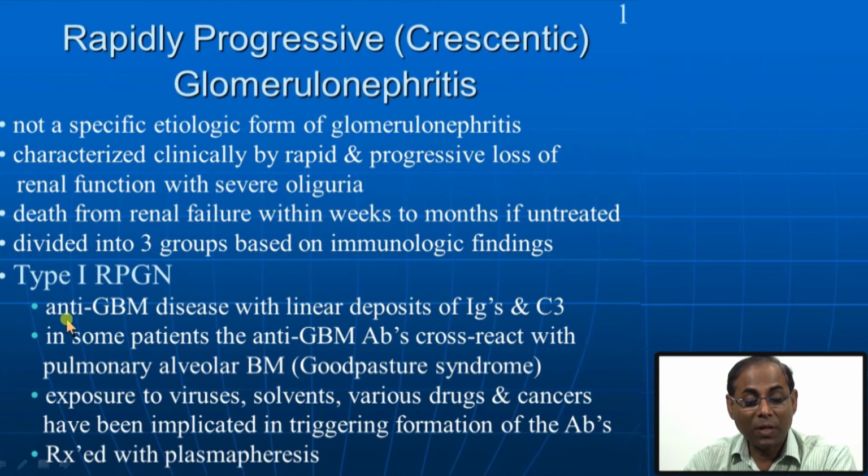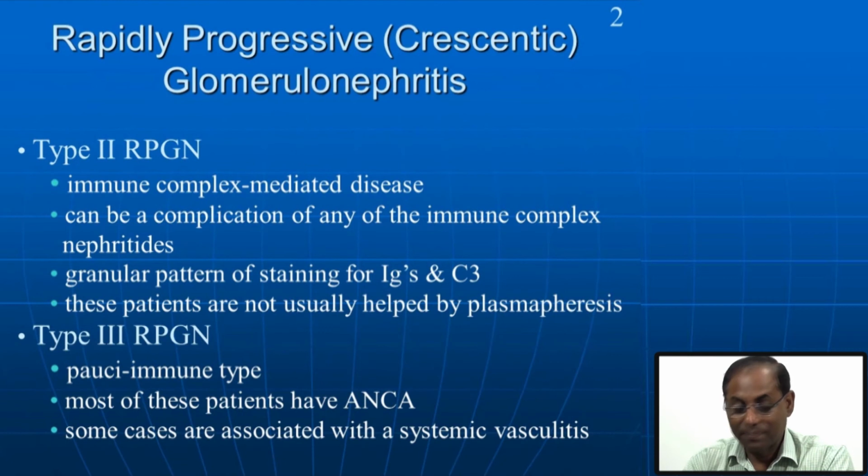Type 1 RPGN is anti-GBM disease with linear deposits of immunoglobulin and C3. In some patients the anti-GBM antibody cross-reacts with the pulmonary alveolar basement membrane, and then it presents with both lung and renal involvement, which we describe as Goodpasture syndrome. In other etiologies, exposure to virus, solvents and various drugs, and malignancy can also be the triggering factor, and sometimes these patients improve with plasmapheresis.